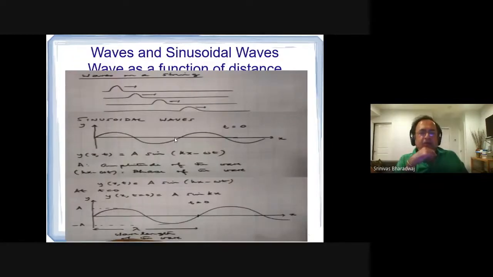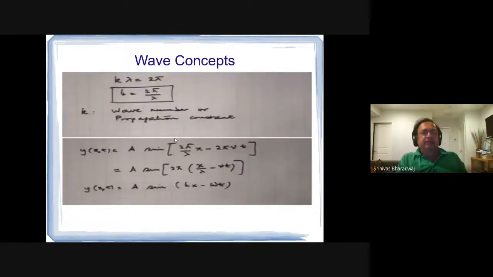Now when we looked at the sinusoidal wave, you had y of x comma t equals a sin (kx minus omega t). We did this partly from the class 11 stuff, when we discussed waves. We had the wave number k equals 2 pi by lambda, where lambda is the wavelength and k is the wave number.